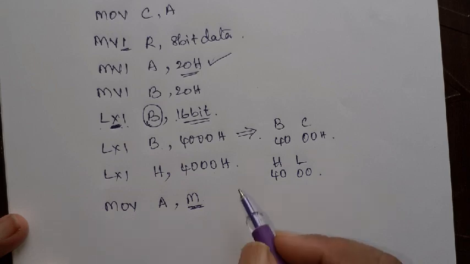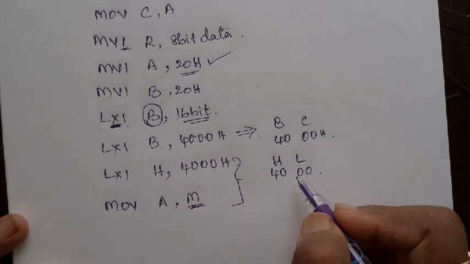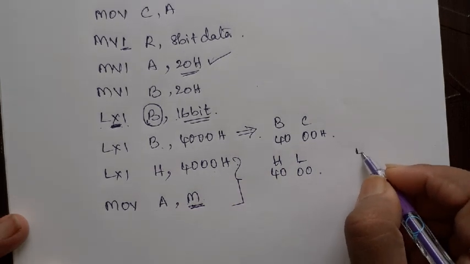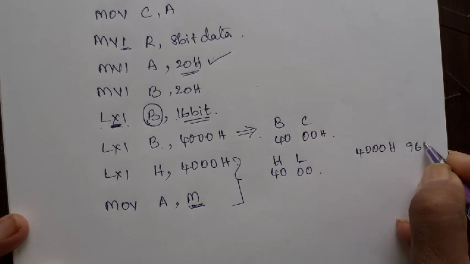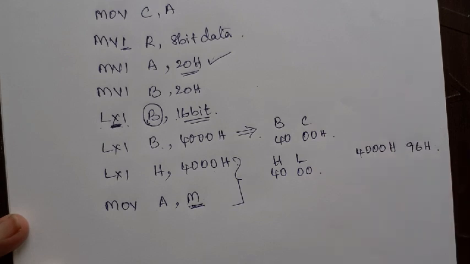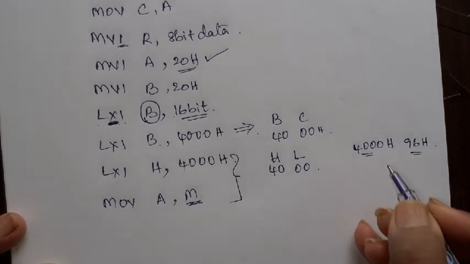Let us suppose I use these two instructions one after the other. Before using this, I need to load the HL register with the memory address. With the execution of this instruction, in the memory at 4000H some data will be there. Let us suppose 96 is there in this location.